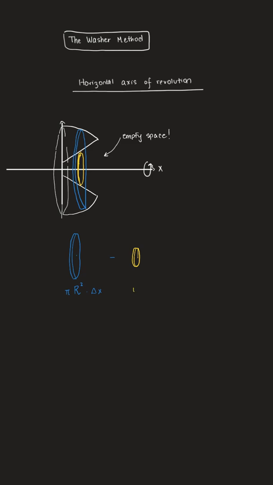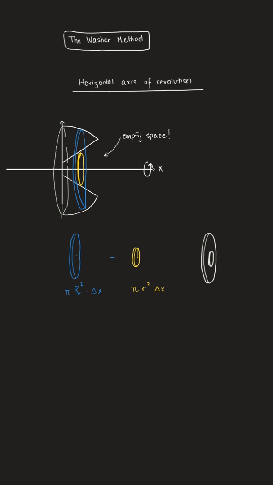And so that's going to be the volume pi little r squared delta x. And that gives us a washer. A washer is like in the hardware store, right? It's a thing that looks like this that has a hole in the middle that we've taken away. And so we use washers when we have solids that have empty space in the middle.